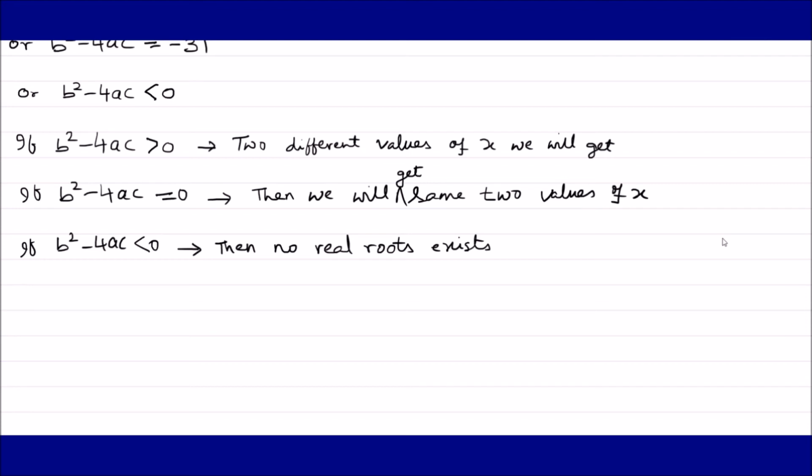Out of these three conditions, the last condition is very important. If b² − 4ac is less than 0, then we will not be able to solve this quadratic equation, or find any values of x. In our equation, b² − 4ac is minus 31, which is less than 0, so it falls into this third category.